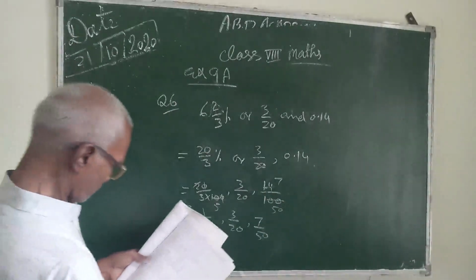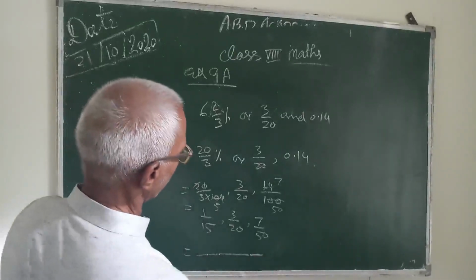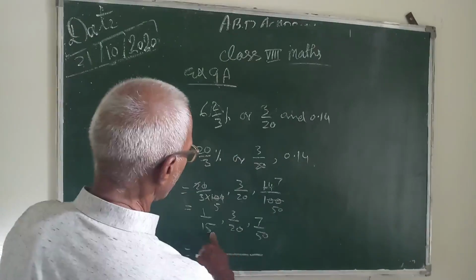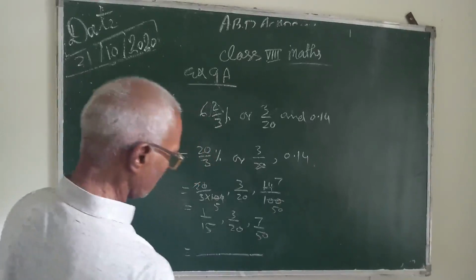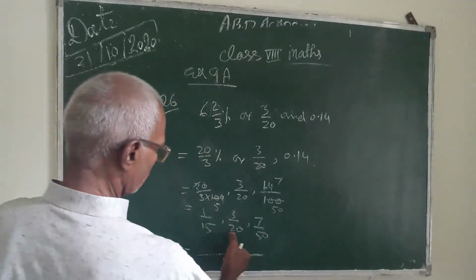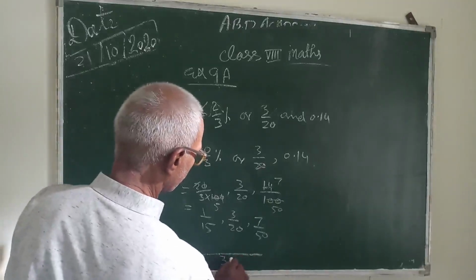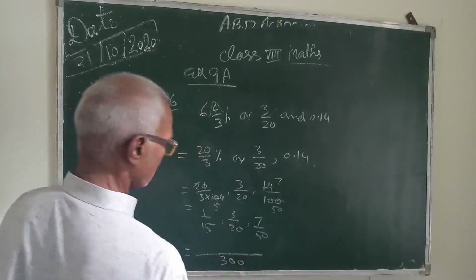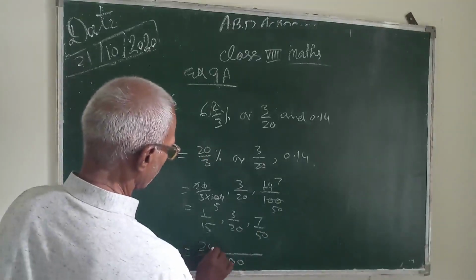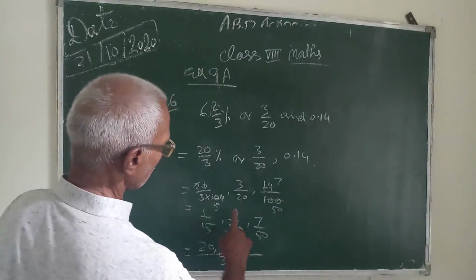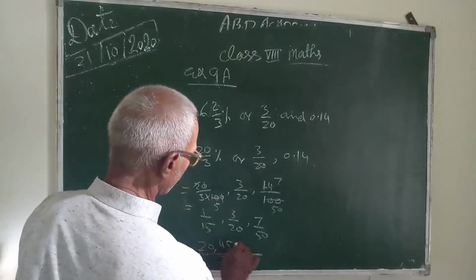So which one is largest? You have to take the LCM here. LCM of 15, 50 and 20 is 300. You know the method of calculating the LCM. 300 divided by 20 is 15, so 3 by 20 becomes 45 over 300.